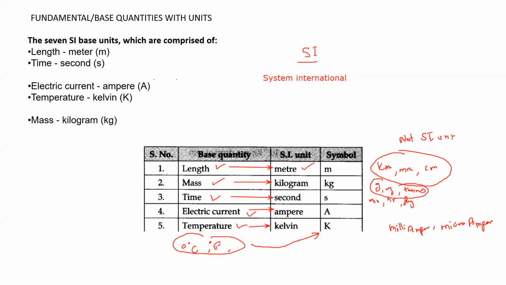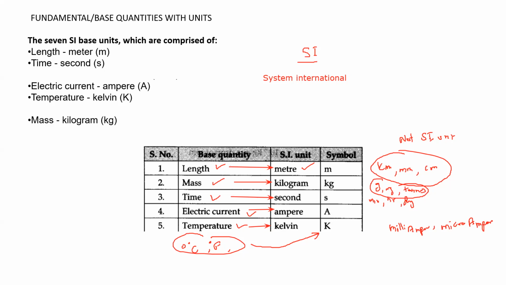For example, in the question it is written the time is 30 nanosecond. So how do you understand the meaning of this nano?